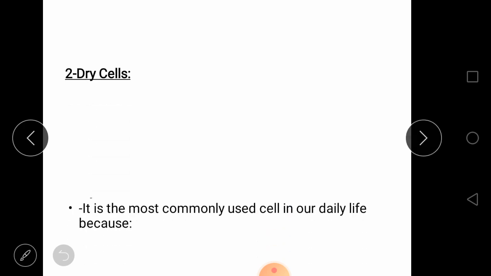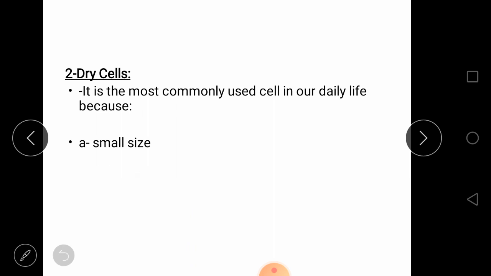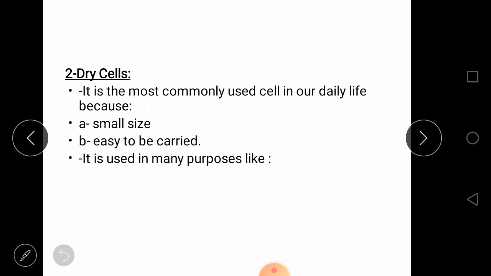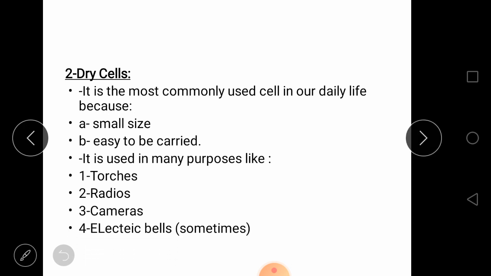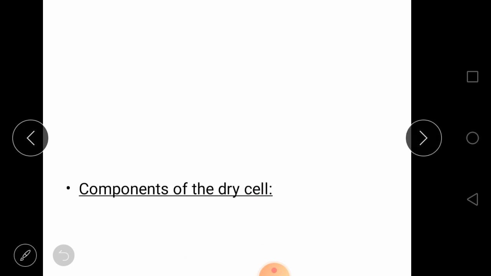Okay, this is mercury. Here we have the dry cell, which is used in things like torches, radios, and cameras. This is an old use, electric bell sometimes.